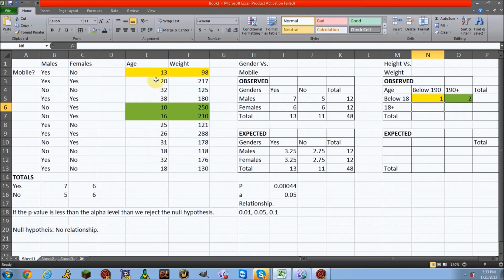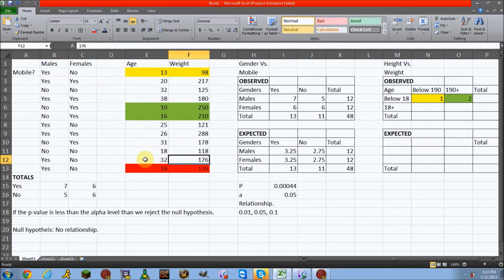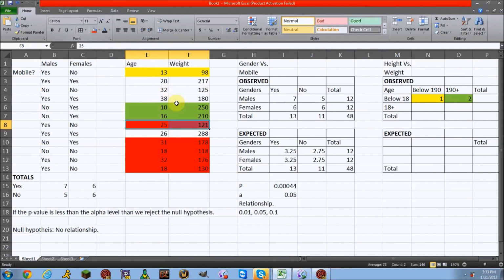So all these are 18 or above, and below 190, here's one. We're going to make this red. Here's another. Here's another. Here's another. Here's another. And these two. So that's 1, 2, 3, 4, 5, 6, 7. That's 7.